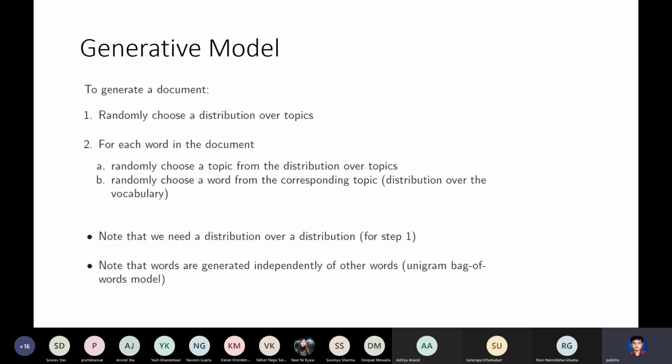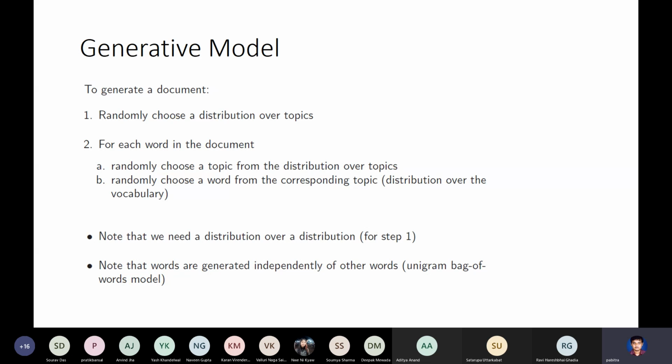All right. So what we'll do is, we have generated the process. Now we need to mathematically describe each of these distributions in this generative model, and then talk about how to estimate the parameters.